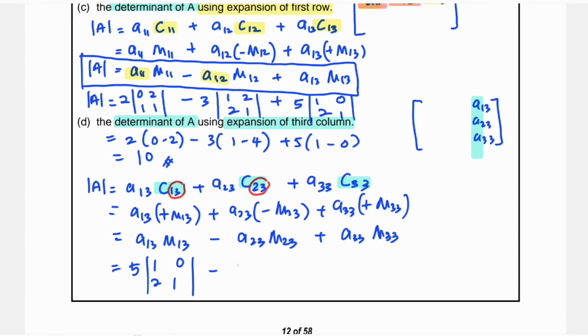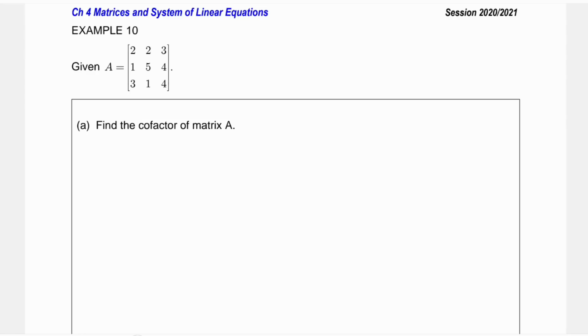Minus A23, which is 2, multiplied with its minor 2 3 2 1, plus A33, which is 1, multiplied with minor 2 3 1 0. If you calculate all these, you get 10. You are supposed to get the same value even if you use a different row or different column of expansion. Okay, we're done for finding the determinant.